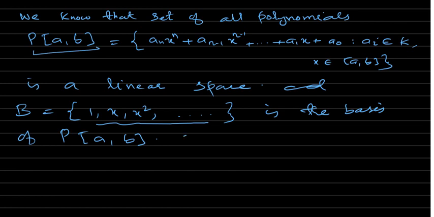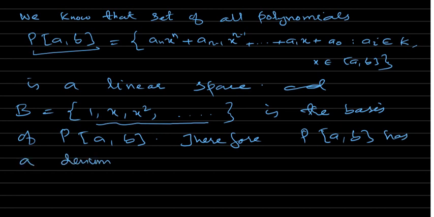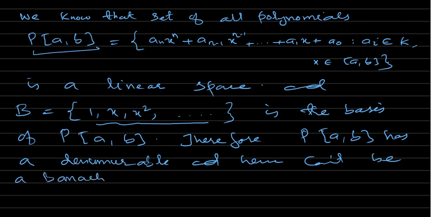So therefore P[a,b] has a denumerable basis, and hence cannot be a Banach space with respect to any norm.